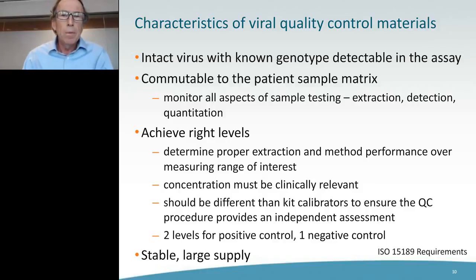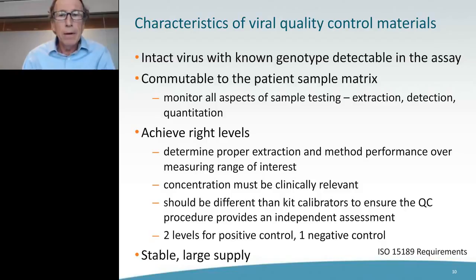We also pay a lot of attention to the fact that we want you to be able to achieve the right levels. That means that in how we manufacture these products, we want to make sure they go through the proper extraction and method performance over the range of interest of your assays and within clinically relevant ranges.